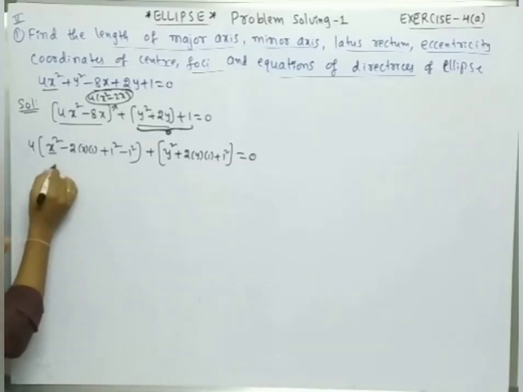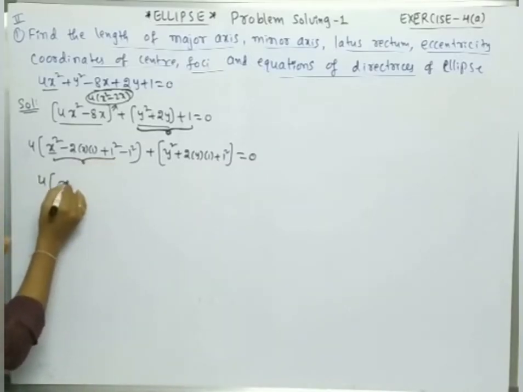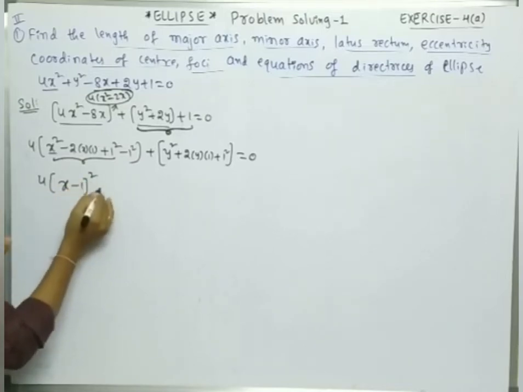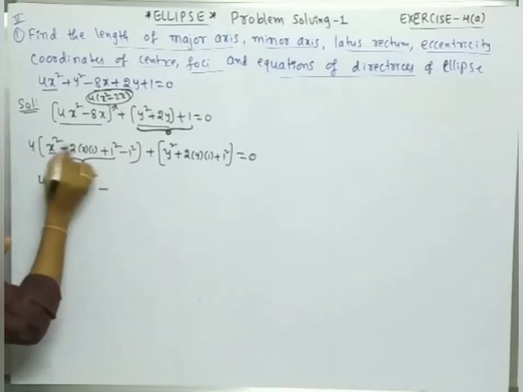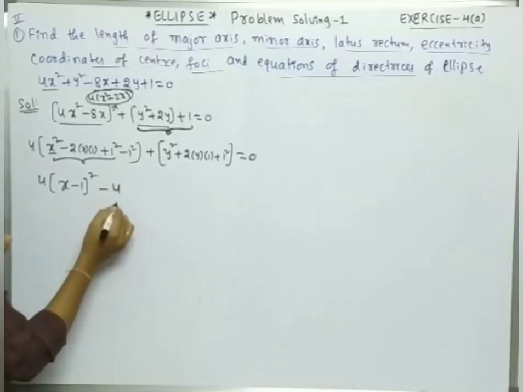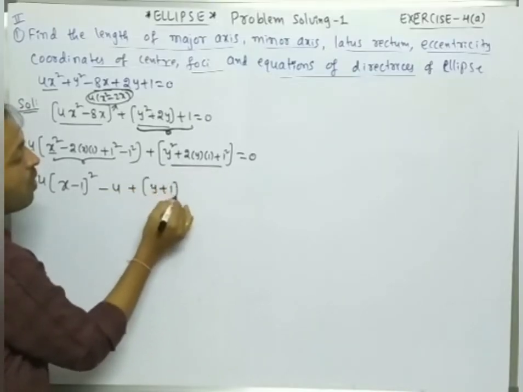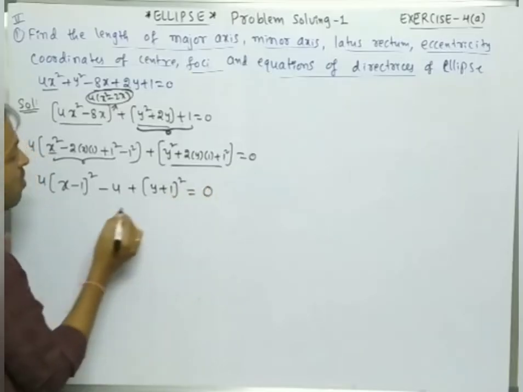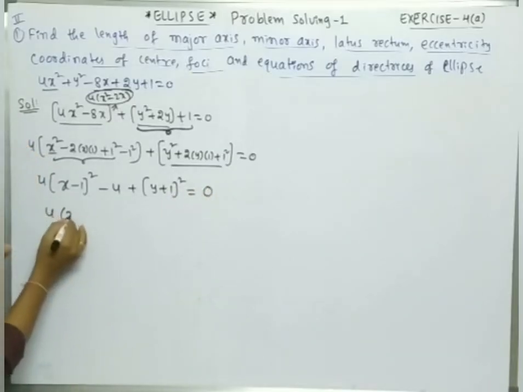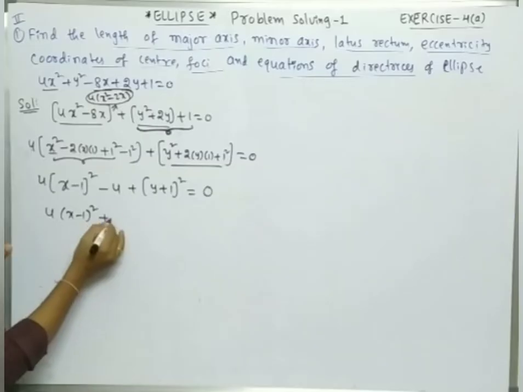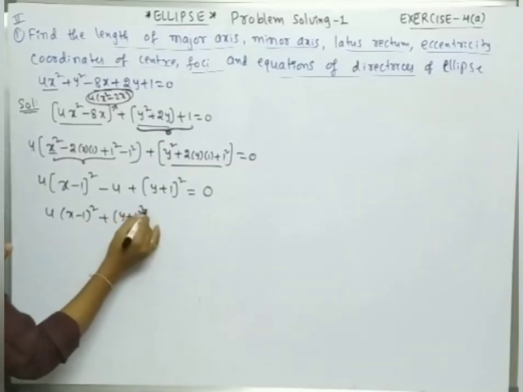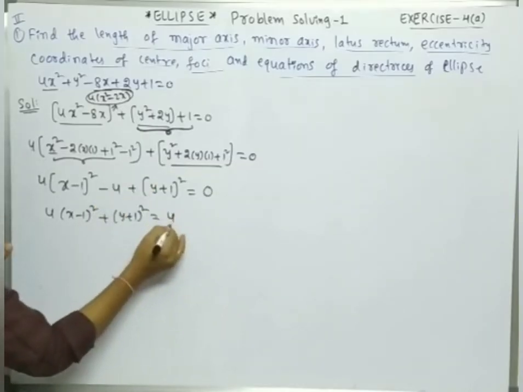Now 4 into x minus 1 whole square, 4 into minus 1 square minus 4, plus y plus 1 whole square is equal to 0. Now 4 into x minus 1 whole square plus y plus 1 whole square is equal to minus 4; bring it to the right side, that is 4.